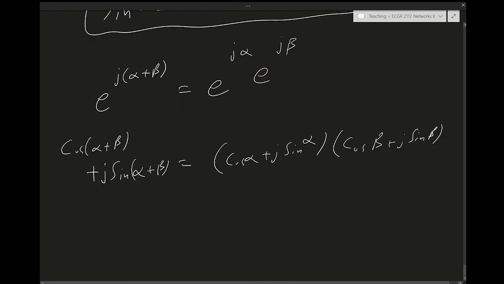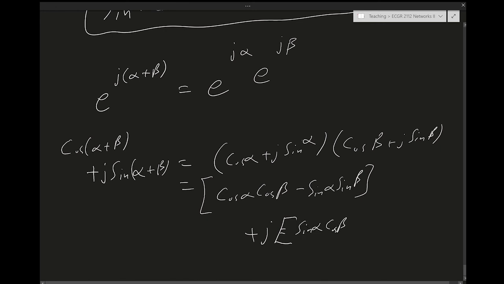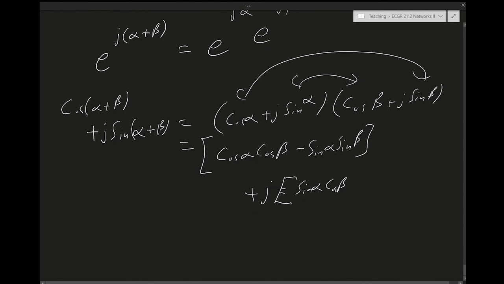And I just do complex number multiplication. I end up with the real part, which is cosine alpha cosine beta, and then j times j becomes minus sine alpha sine beta, plus the imaginary part, which is sine alpha cosine beta, this term with this term, and then this term with this term, plus cosine alpha sine beta.